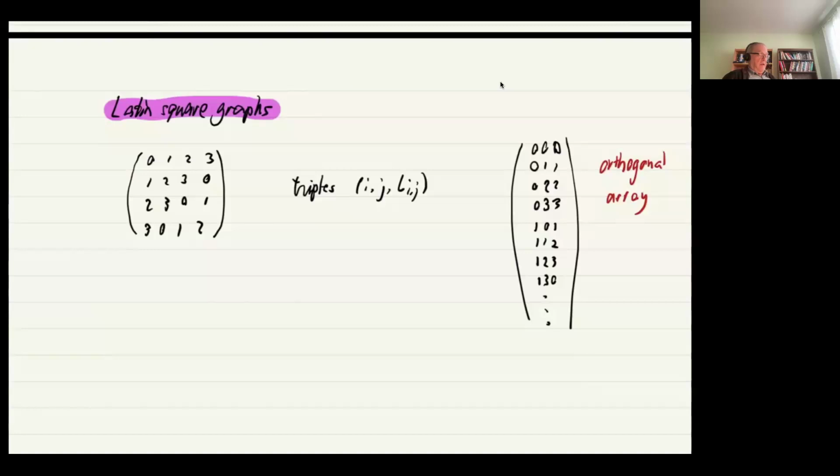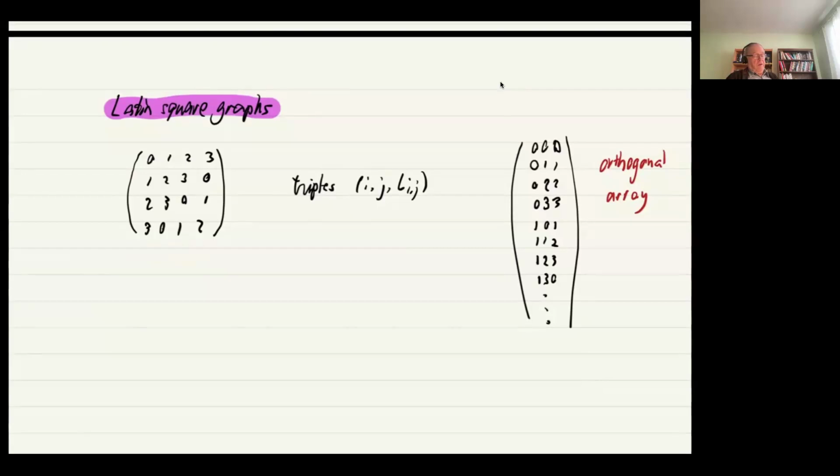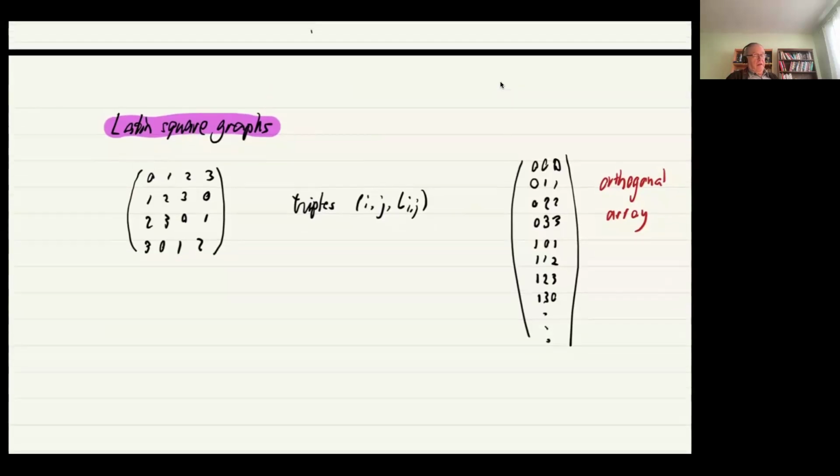Now, this is going to lead to a large family of examples. We have graphs called Latin square graphs. Now, Latin square graphs are regular, okay? And here for your amusement is a 4x4 Latin square. It's the addition table for Z4. Now, so you have an n by n Latin square.